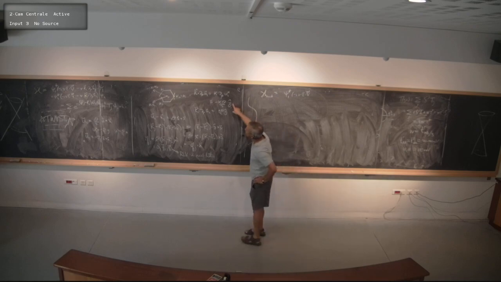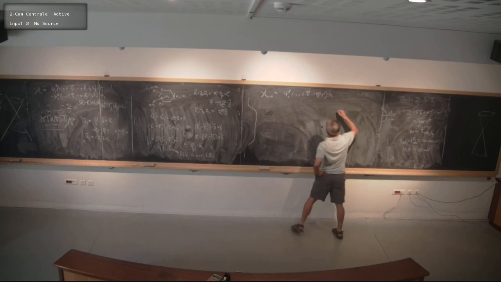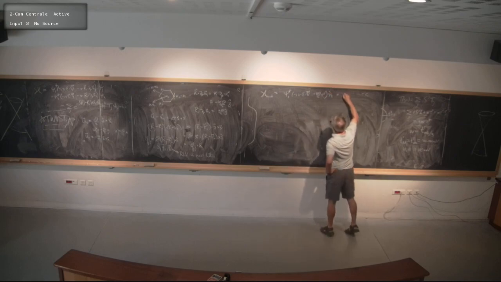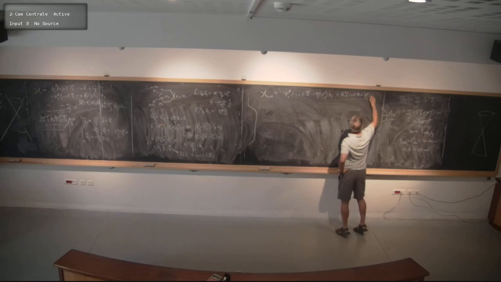Here we go, plus k theta over 2 tau y. Psi2 dagger, minus iv tau dot gradient, minus k theta over 2 tau y.